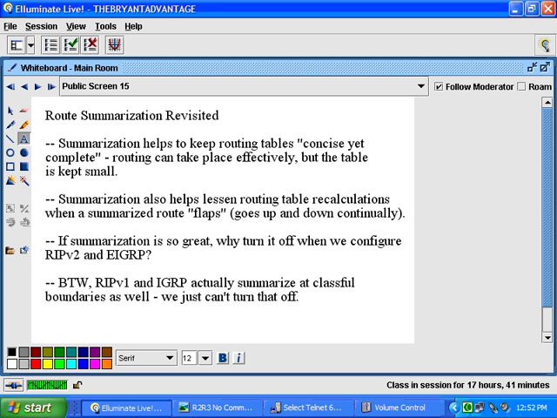But the key here is that, let's take OSPF for instance. If one area is advertising a summary route, and it's a summary route that includes 8 more specific routes, summarizes them. If one of those 8 routes goes down or flaps, then the LSA recalculation across the network is minimized because the summary route will still be advertised.